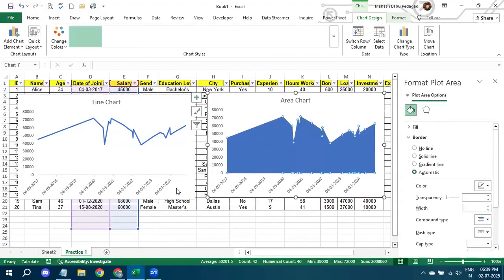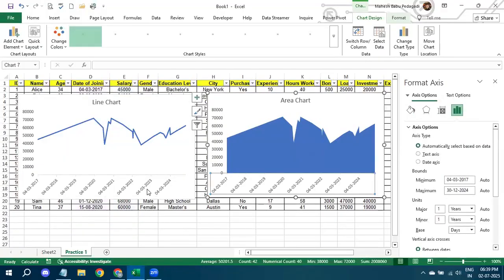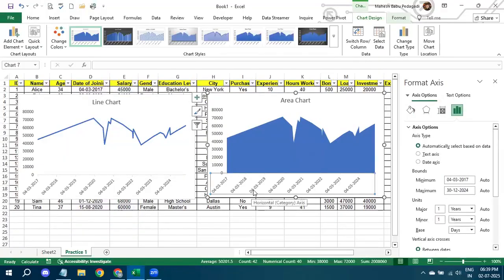Area chart and line chart use date and time. If you have time as well, it is going to work on the x-axis. Always notice when you are plotting a line chart, the x-axis will be date and time. The y-axis will be the other numerical columns. X-axis will be date and y-axis will be numerical column only.